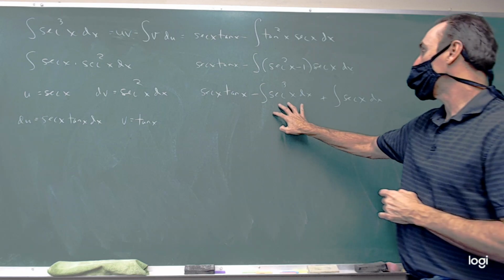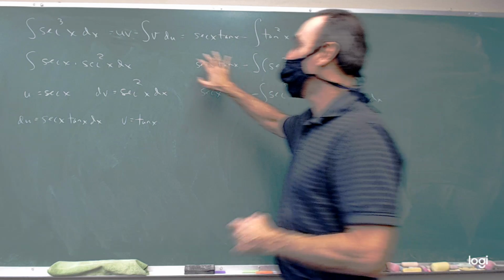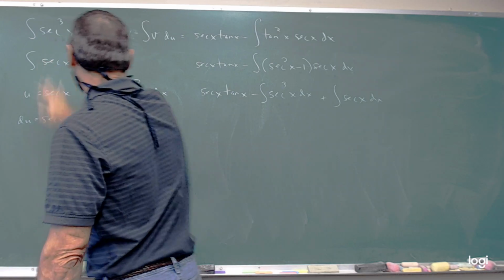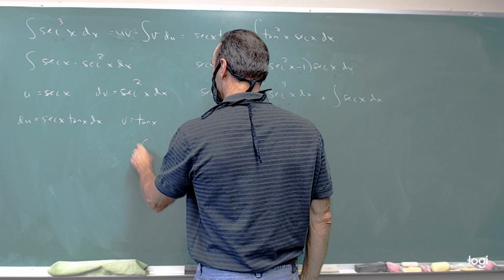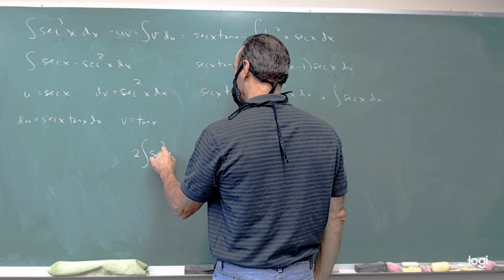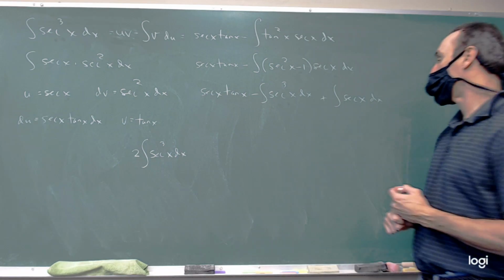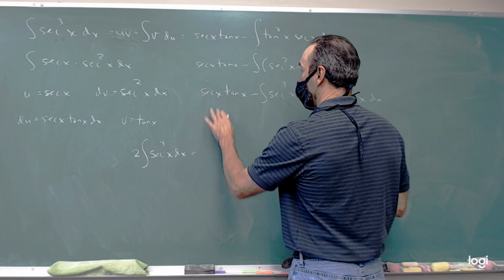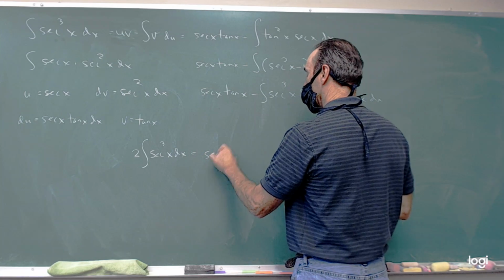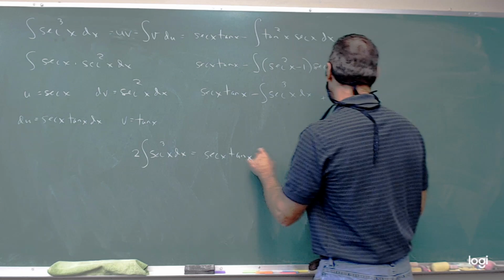So we're going to take this and add it to that. So we have 2 of those integrals of secant cubed x. And that's going to be secant x tangent x.